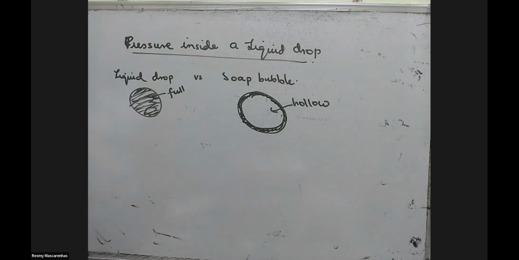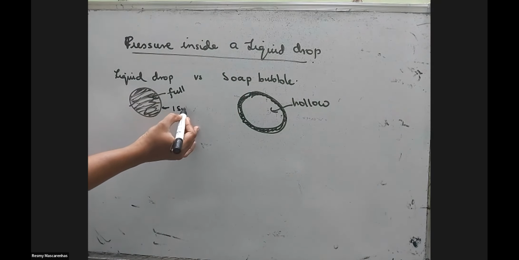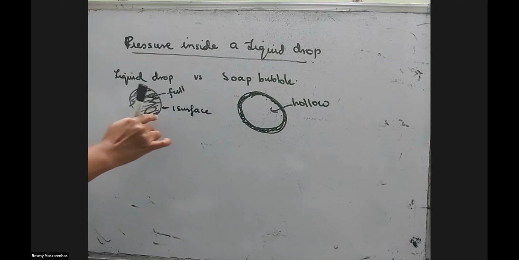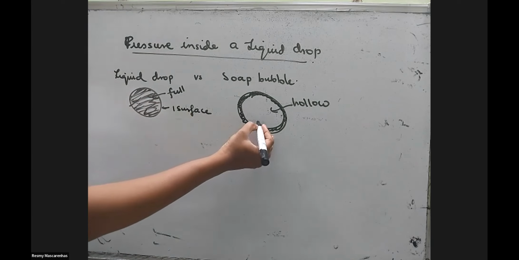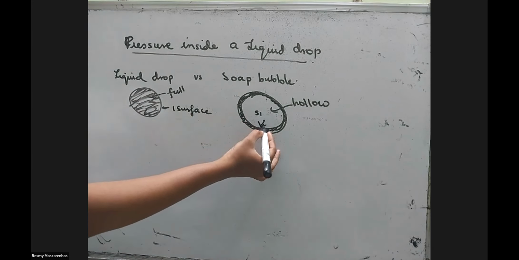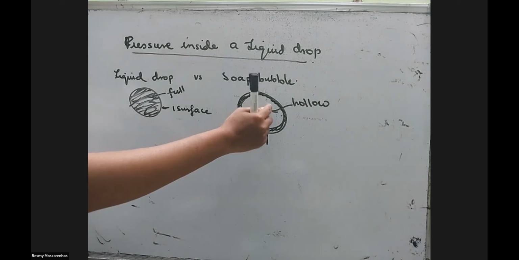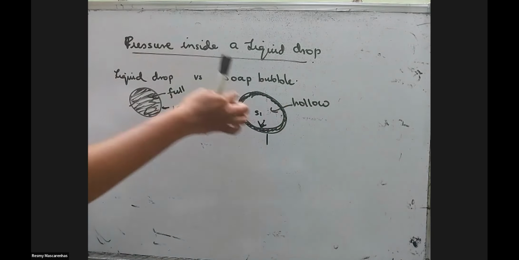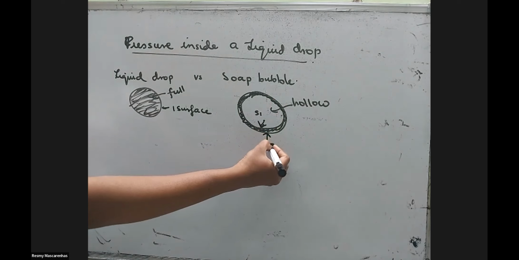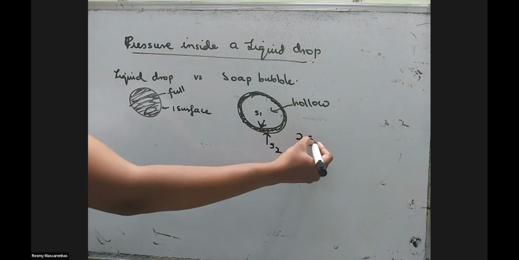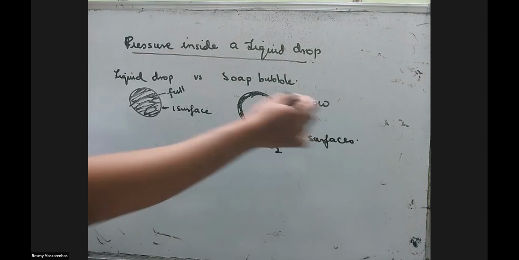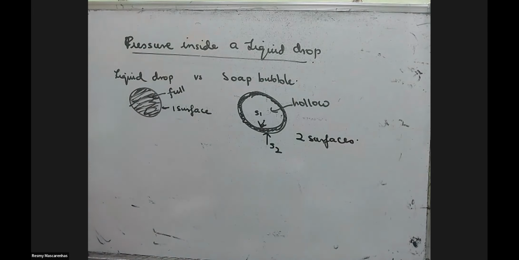How many surfaces are created here? Only one surface, because only one layer is in contact with the air. But over here, how many surfaces are forming? This is surface 1, and this inner side is another, because here also there is air inside. Whatever border comes in contact with the air is considered a surface. So a soap bubble will have two surfaces, whereas a liquid drop will have only one surface.